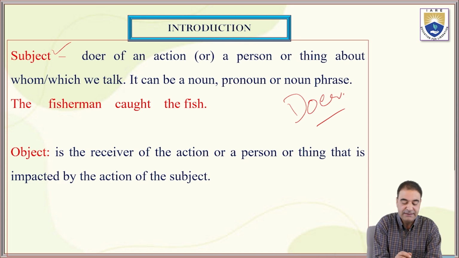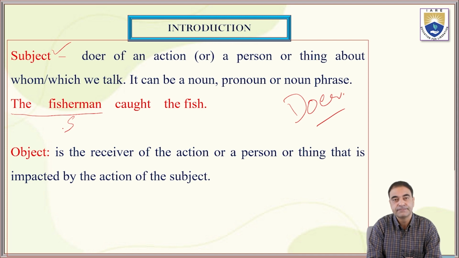For example, see in this sentence, the fisherman, this is the subject. And caught, this is the verb in second form. And the fish, this is an object. Fisherman, this is the subject. Why? Because here in this sentence, the fisherman is the doer of an action.